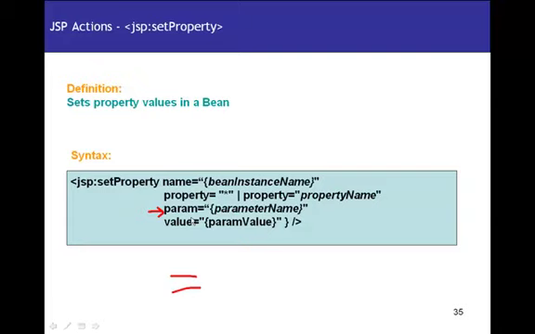So let's say that I set the value of user ID to 1 in the servlet, and I pass that to the JSP page, and in the JSP useBean action, it instantiates the bean and the value of ID is brought in as 1.